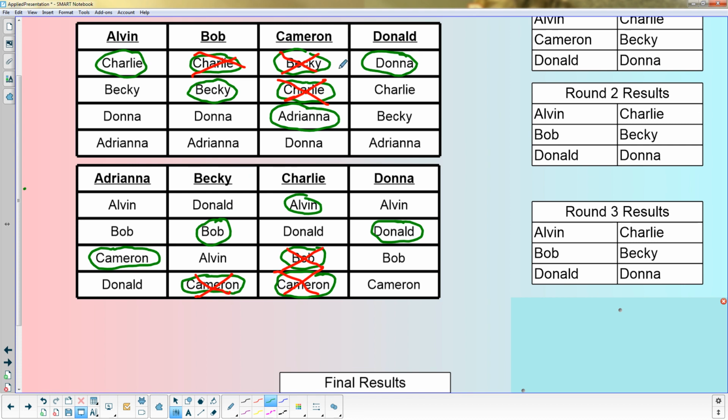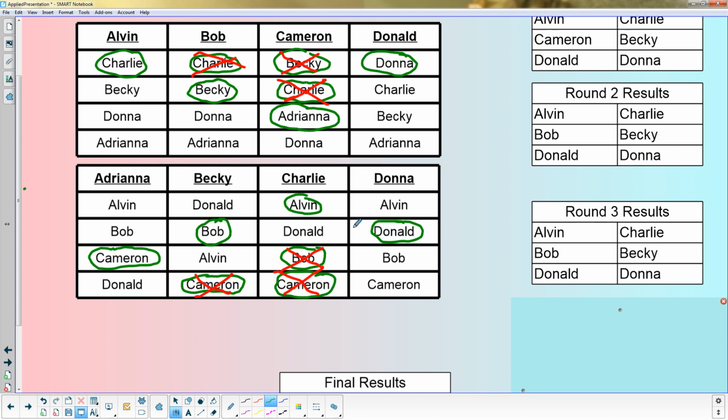Cameron got rejected by Becky and Charlie, falls back to Adriana, and Adriana, receiving no other proposals, goes with Cameron. And finally, Donald proposes to Donna, which is his top choice, and Donna did not get a proposal from Alvin, so this is what's left as her top choice.